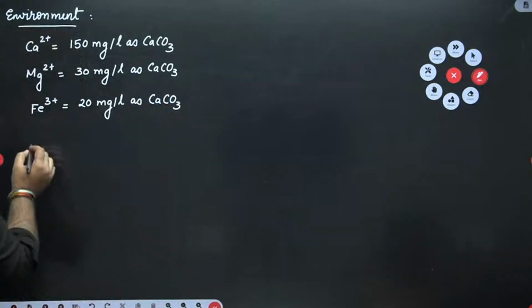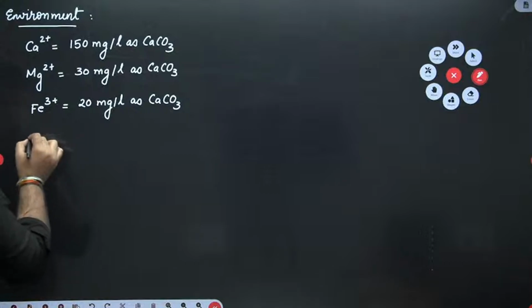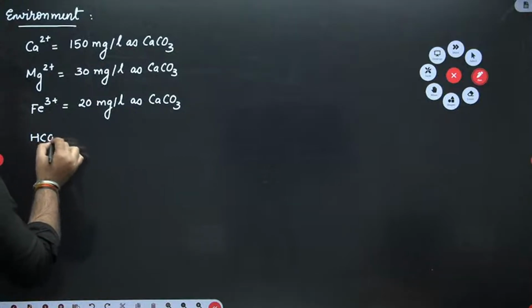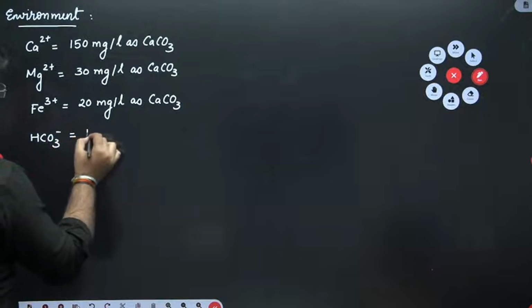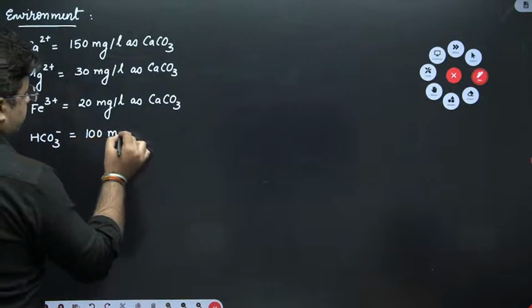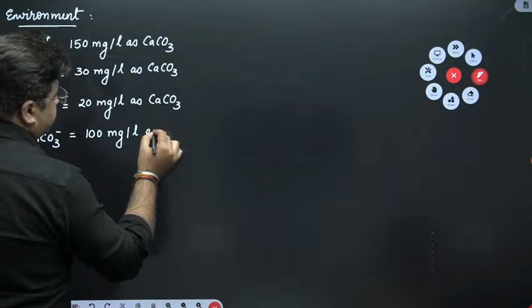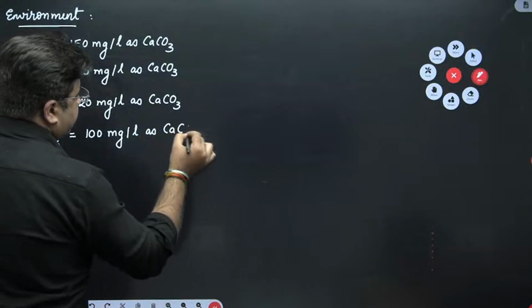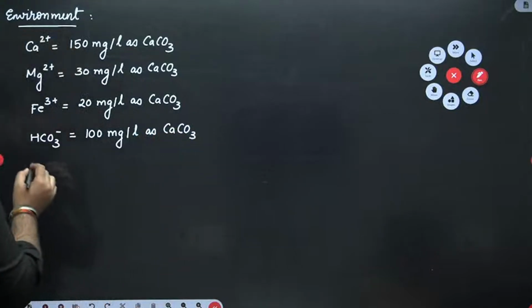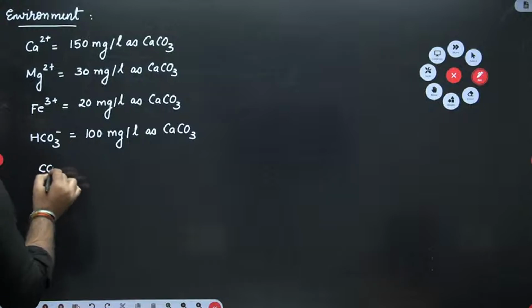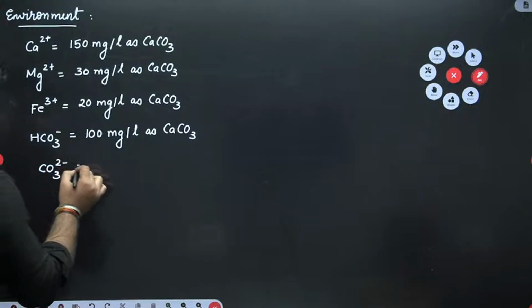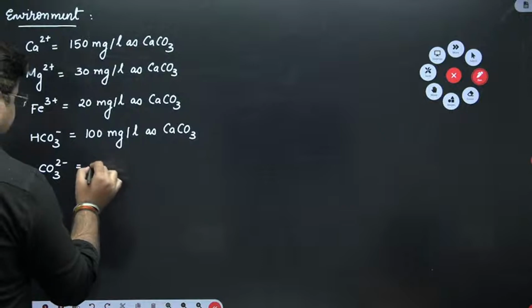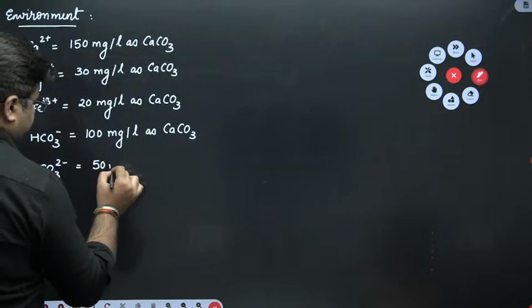Then the bicarbonate ion concentration is 100 milligram per liter as CaCO3. And the carbonate concentration, CO3 2- ion, is given as 50 milligram per liter as CaCO3.